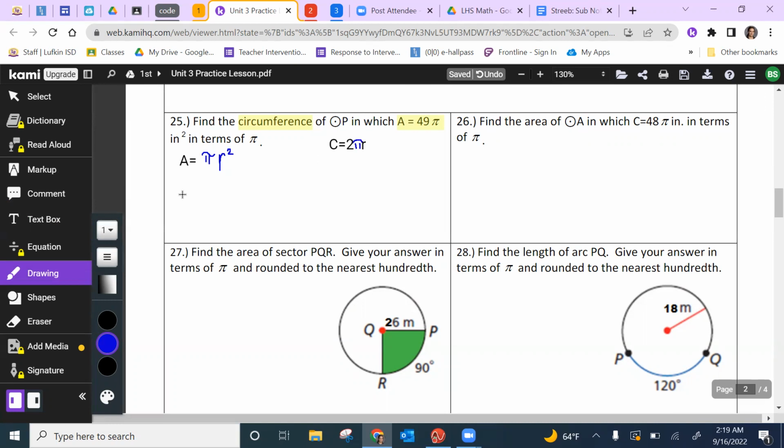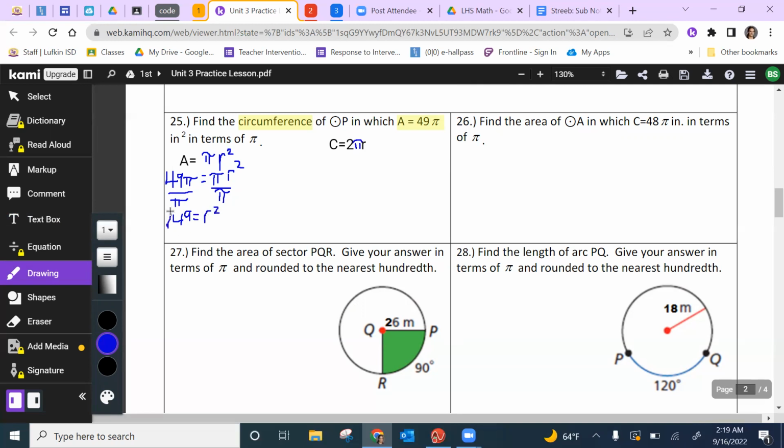Okay, so we know our area is 49 pi, so we're going to plug that 49 pi in for area. And we're going to divide by pi on both sides. So we get 49 equaling our radius squared.